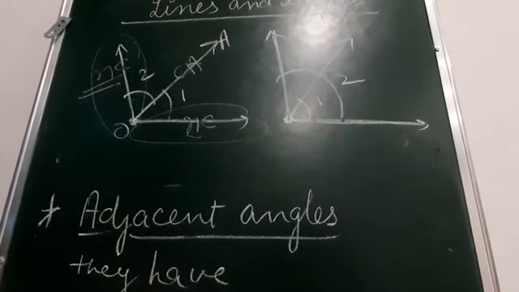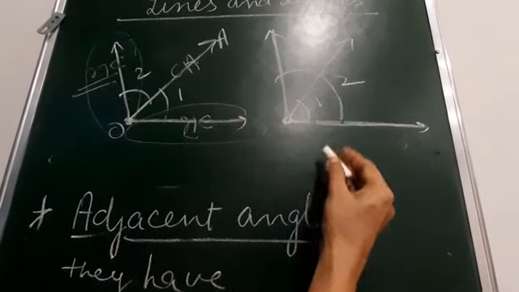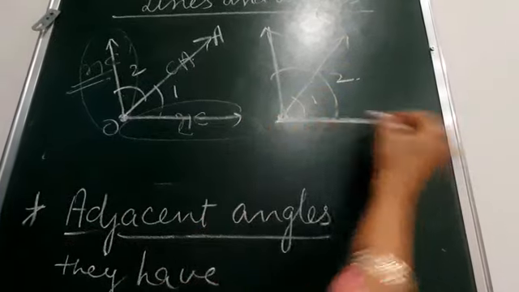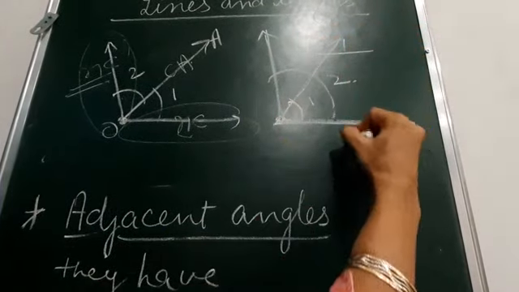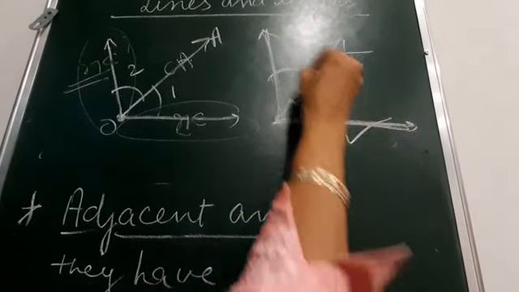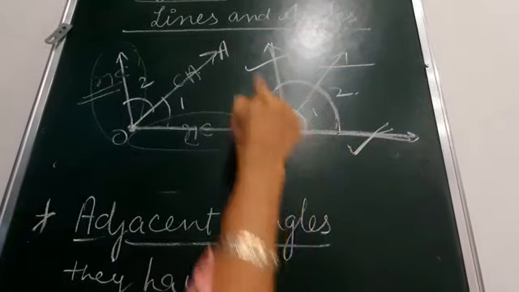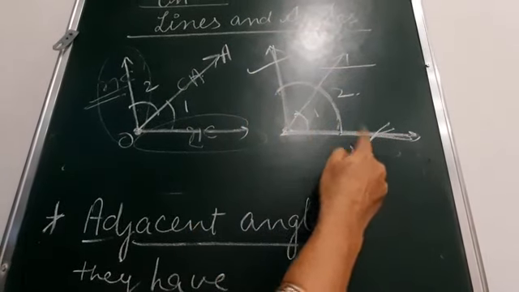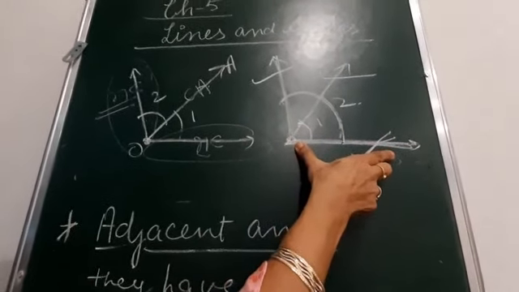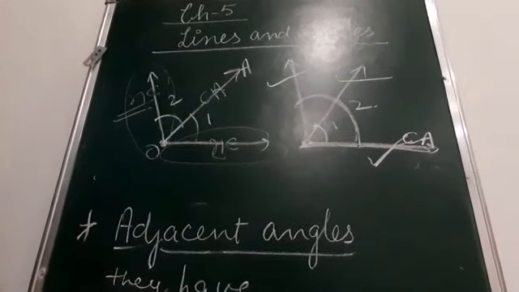Common arm: both the angles have one common arm. Which one is common? When we make angle 1, these two arms will be used. When we make angle 2, these two lines or rays will be used. So this arm is common. This is the common arm between angle 1 and 2.